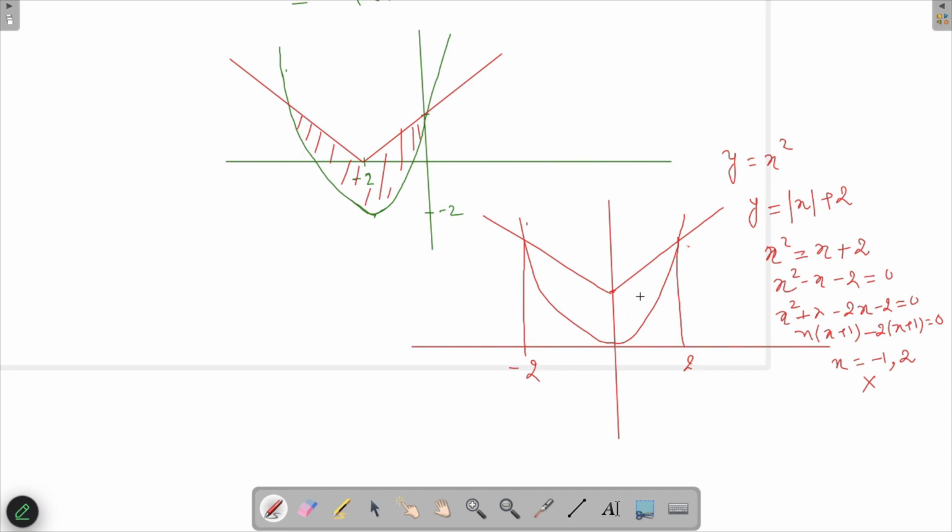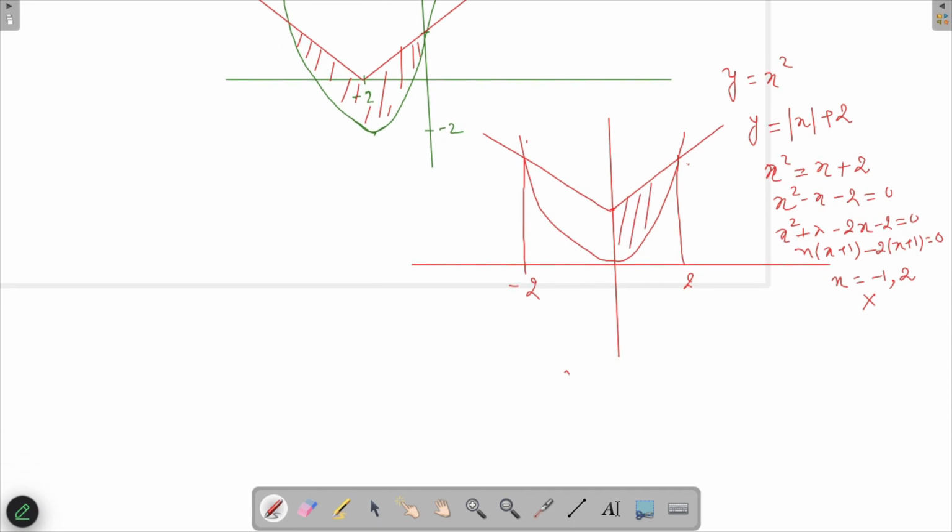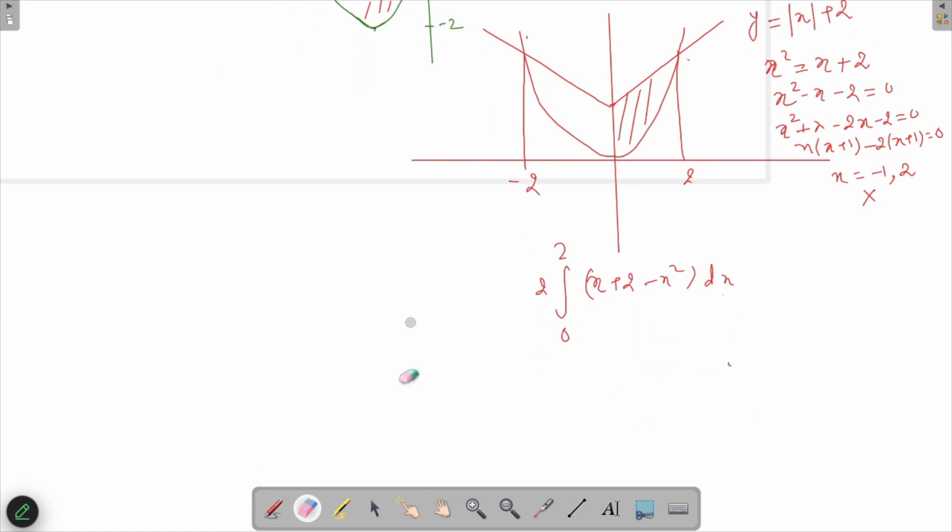All we need to know is this area. So I will find this area from 0 to 2, where the upper curve is x plus 2, minus x squared, and I'll have to do just 2 times this. That will be my area. This is equal to 2 times x squared by 2 plus 2x minus x cubed by 3, from 0 to 2.